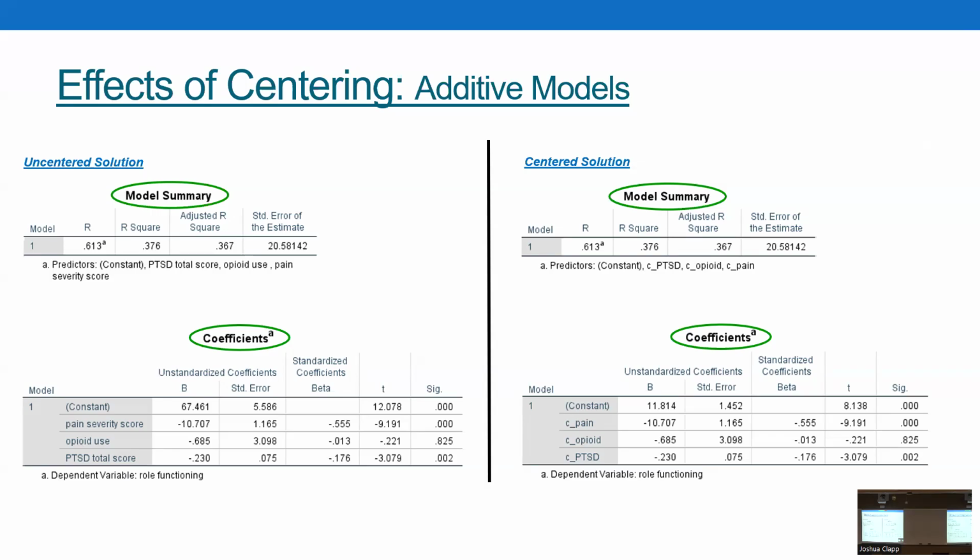Because my constant represents the expected value of my outcome, holding everything else constant at 0. In my uncentered solution, 0 means no pain, no opiate use, and no PTSD, so my functioning is expected to be decent. Here in my centered model, this is the expected value of my outcome holding everything else constant at 0, but the centered solution now represents the balance of opiate use and non-use, average levels of pain, and average levels of PTSD.